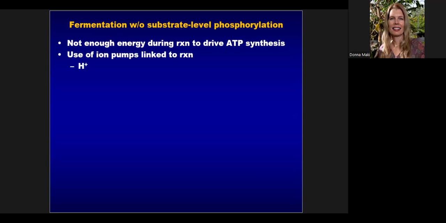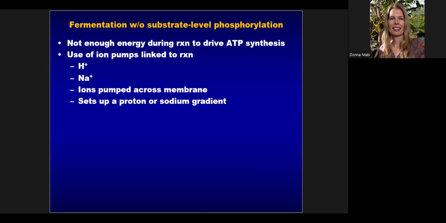What it was is they figured out that the microbe was doing something really wonky. It was actually tying an ion pump to this reaction, and I'll show you a picture to further explain what I mean here. But some microbes will link these pumps to this reaction pathway. And depending on the microbe, they'll either pump protons across the membrane to the outside or sodium, which is weird that you can pump sodium in a microbe like this.